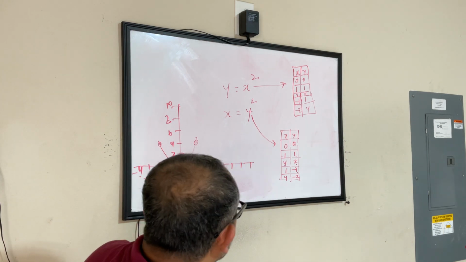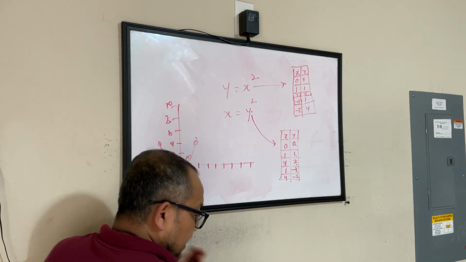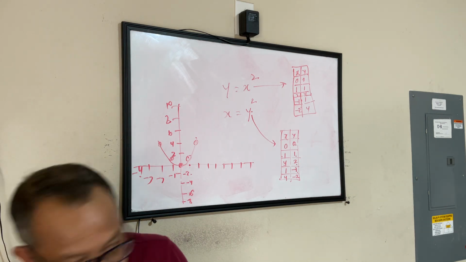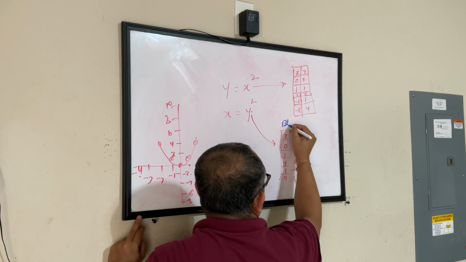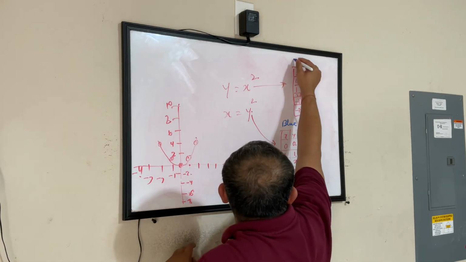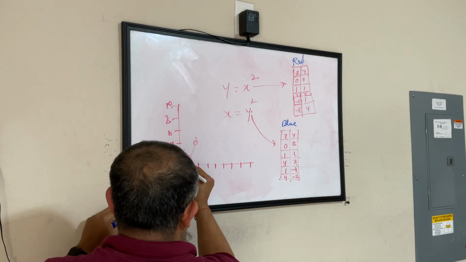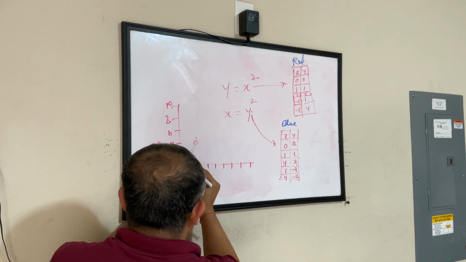Now let's look at this guy. 0, 0. Okay, this is 1 point. Let me use a blue marker for differentiating this guy. This one, 0, 0, this is blue, okay? And this is red. 0, 0. Okay, wonderful. 1, 1. When x is 1, y is 1.